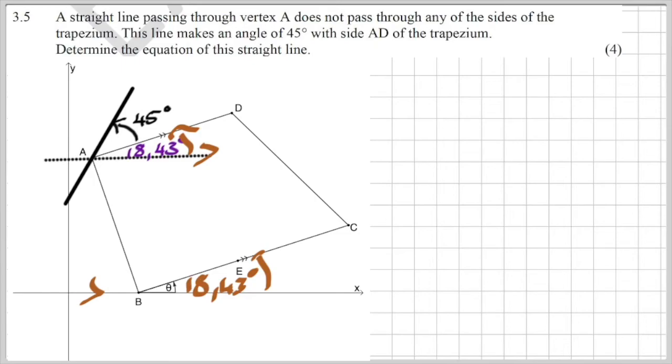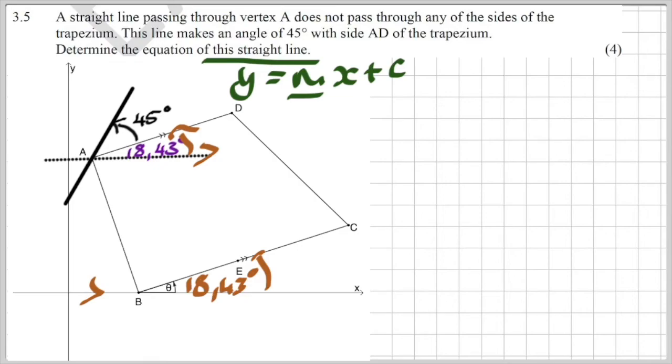But now, why do I do this? This is the big question. The question is actually, determine the equation of a straight line. So I need m. For me to get m, I've got four options: either the gradient formula, y2 minus y1 over x2 minus x1, or parallel lines, or perpendicular lines, or inclination angle.